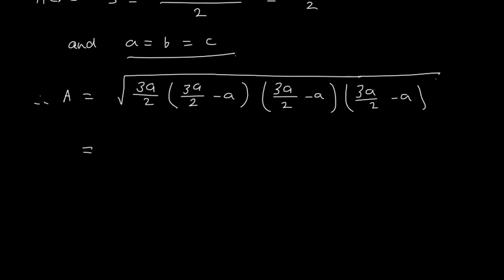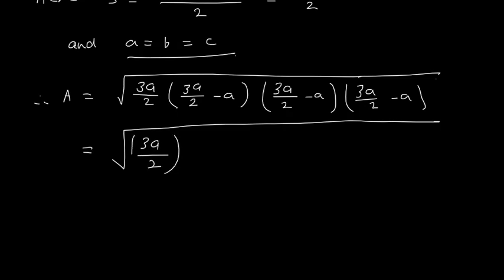So here we get the square root of, first term is 3A divided by 2, second term when we subtract 3A by 2 minus A, we get A divided by 2. Okay, you know the calculation, you cross multiply, so 3A minus 2A whole divided by 2.